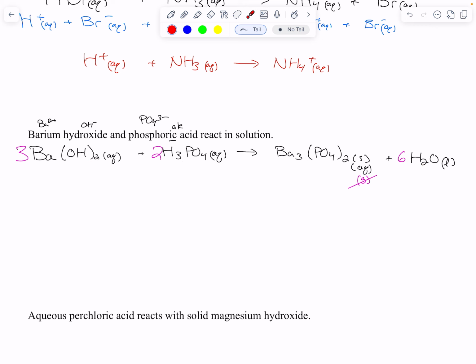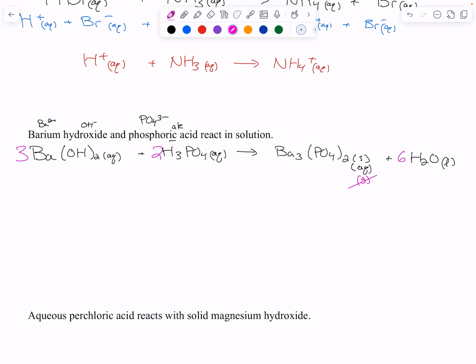All right, now we need to separate. Now this makes a difference on what state you use. If you use solid for barium phosphate, then it's different than if you don't. And so I'm actually not sure which one your book goes with. What we could probably do is look back at your solubility rules in here.